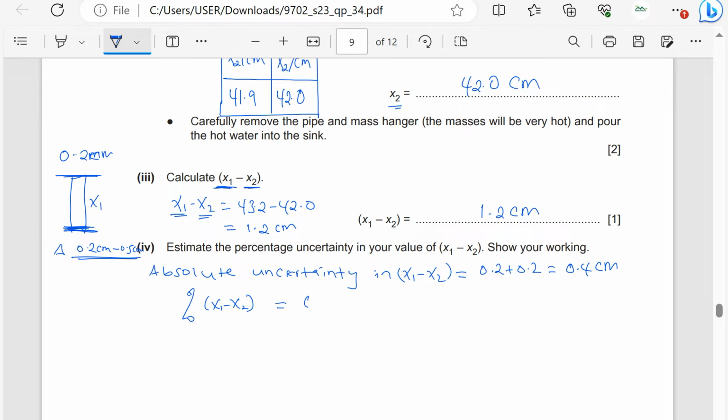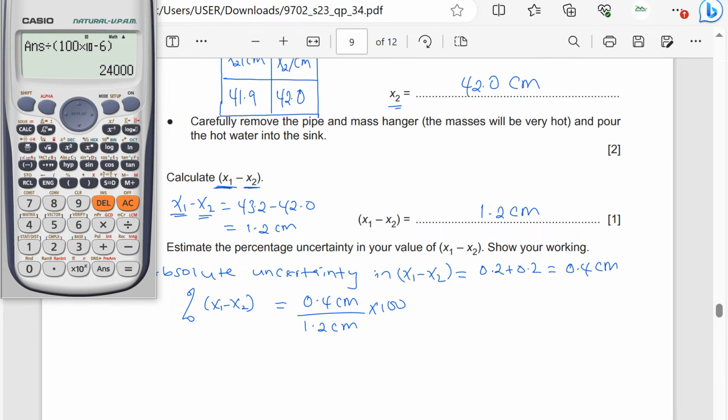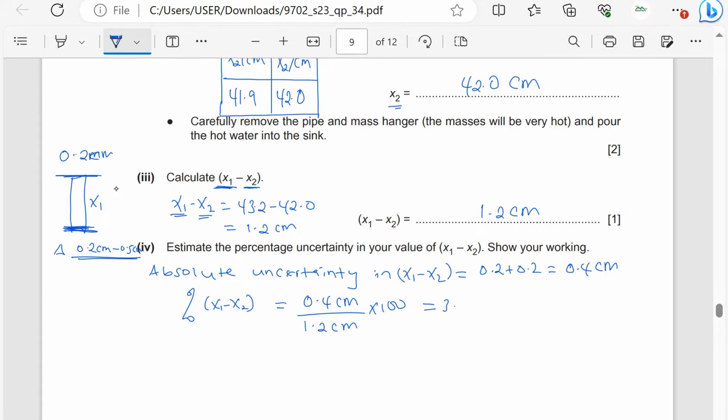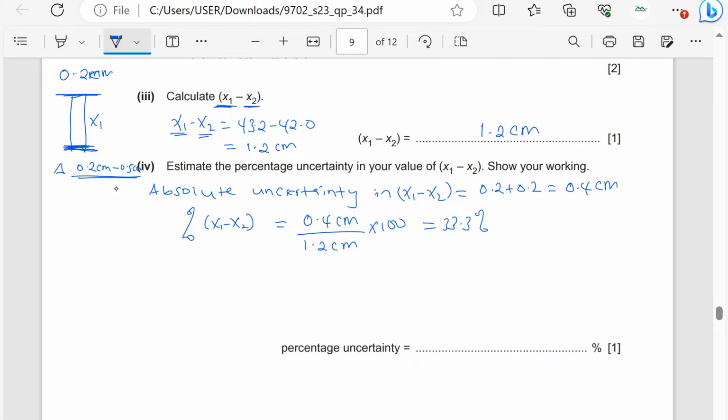It was 0.4 centimeters divided by 1.2 centimeters, then times 100. So let's check: 0.4 divided by 1.2, then times 100. This gave her 33.3%. You see, this is a large percentage uncertainty. So the percentage uncertainty she wrote there was 33.3%.